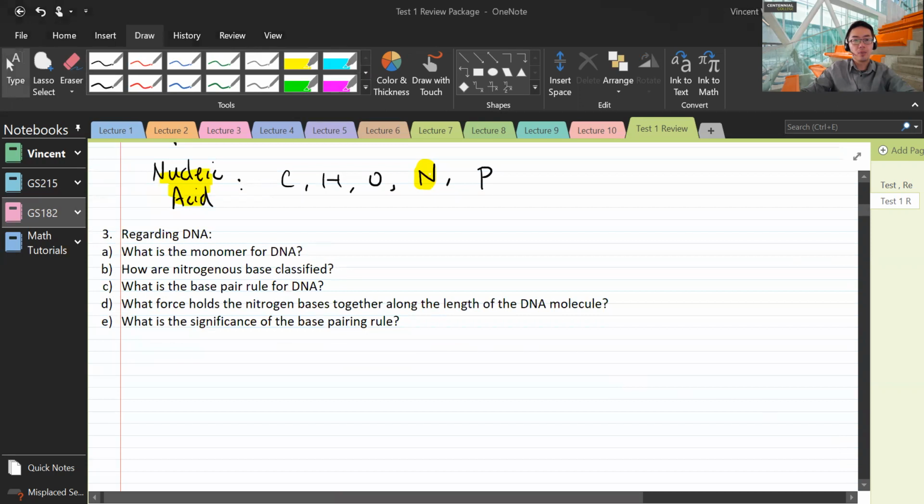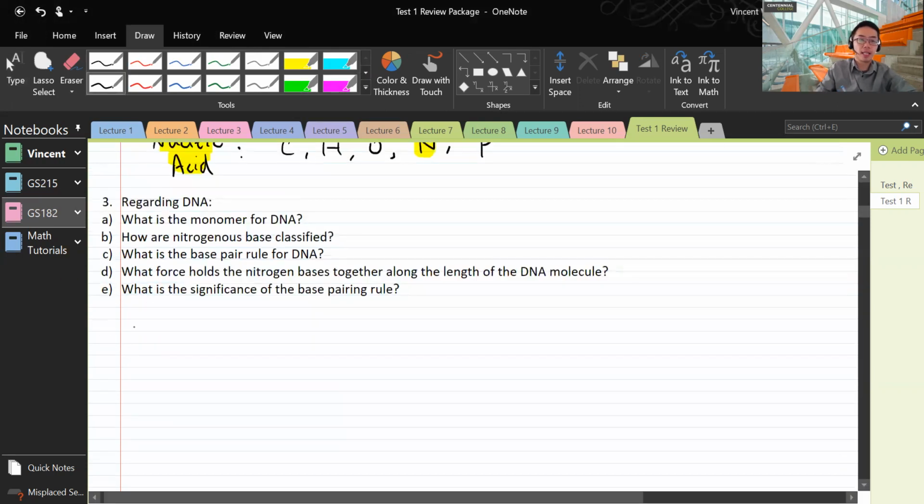Regarding DNA, what is the monomer of DNA? Okay, so monomer of DNA is nucleotide. Can anyone tell me what are the 3 parts of a nucleotide? What parts will you find in a nucleotide? Sakina said sugar. That's correct.